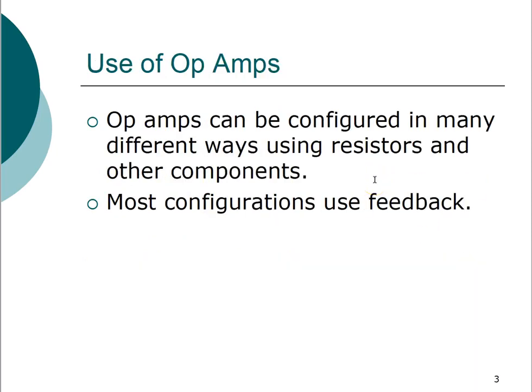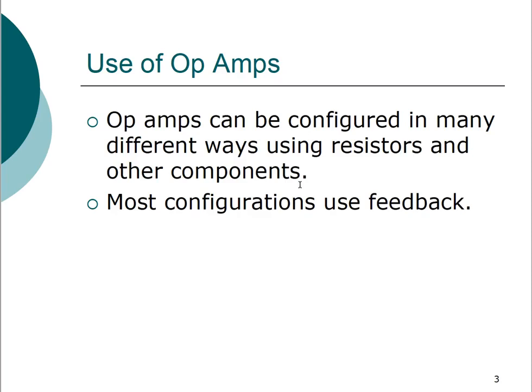Now let's see the next slide. Use of op-amps. The op-amp can be configured in many different ways using resistors and other components, and you can create different types of op-amps. For example, with resistor and capacitor, you can make one type of op-amp. With resistor and inductor, you can make another type.